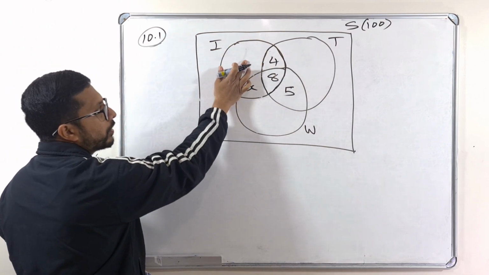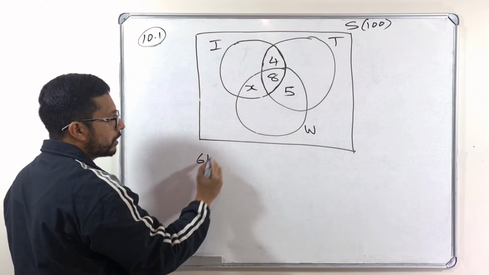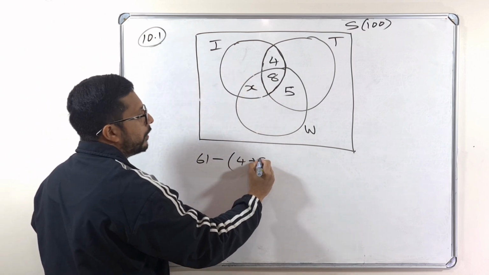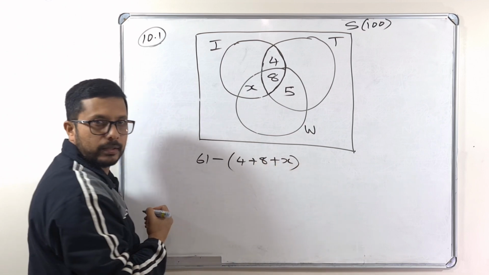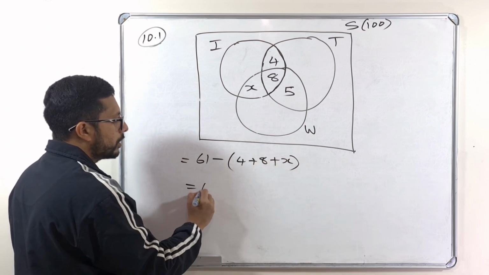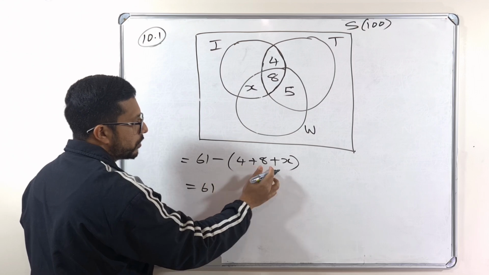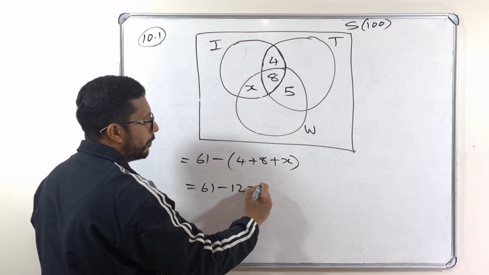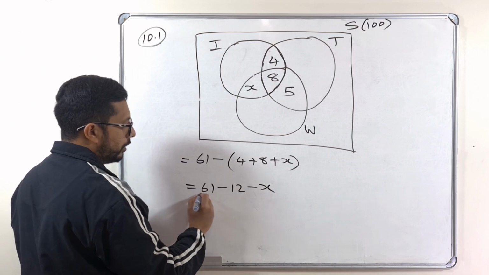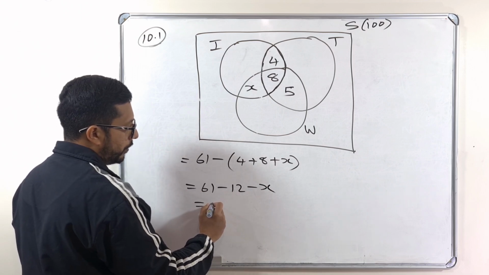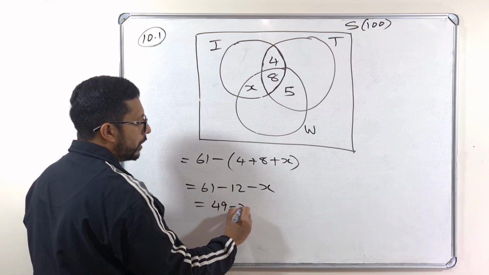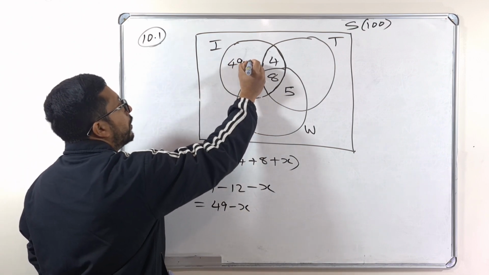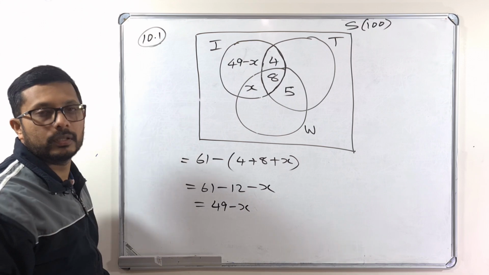So what must I write here? That 61, the total, minus 4 plus 8 plus X. Am I right? Okay, so 4 plus 8 is 12. So 61 minus 12 minus X, so this one is 49 minus X. So how many are using only Instagram?